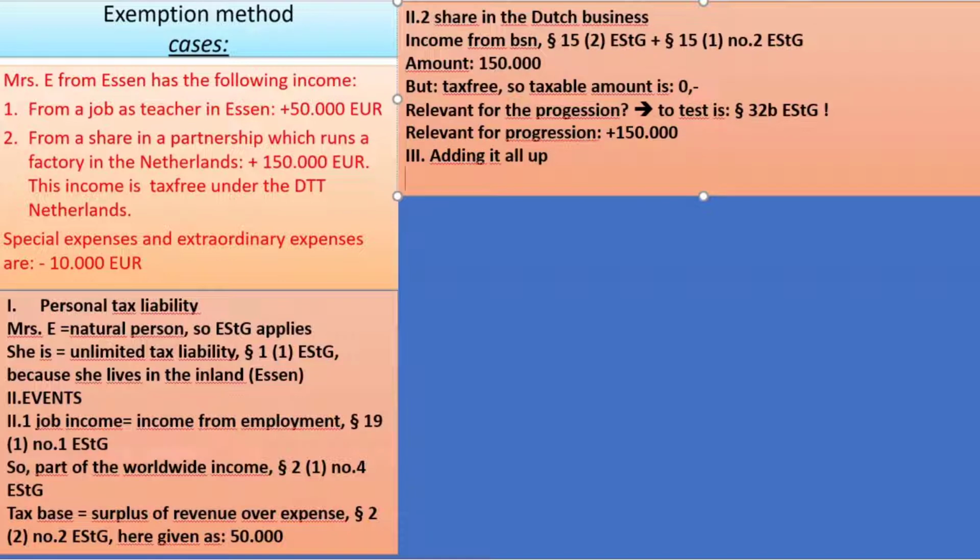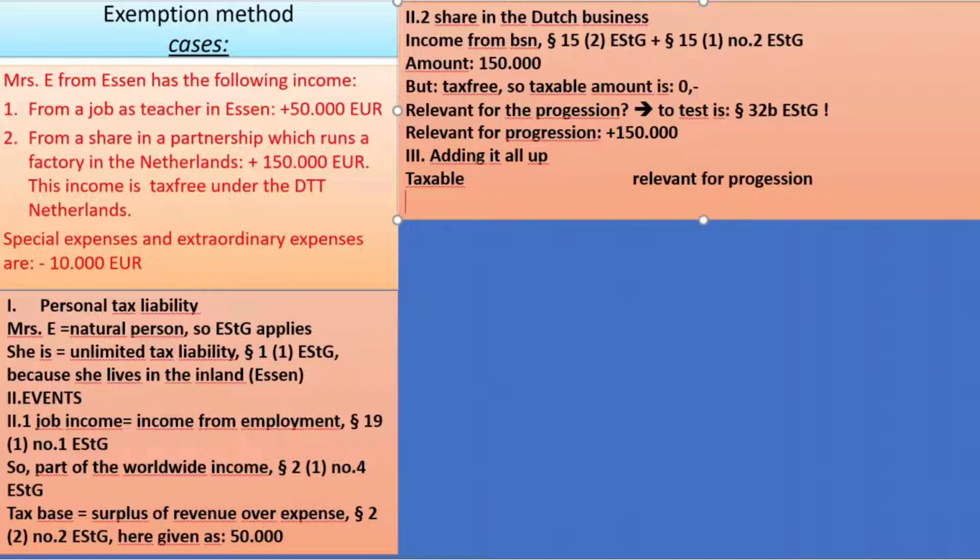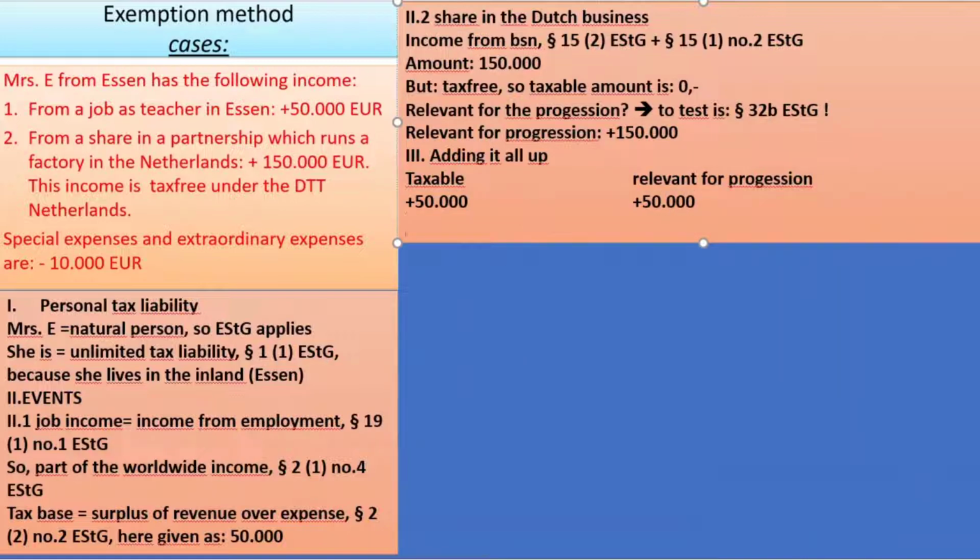let's make 2 columns, taxable and relevant for progression. So taxable is an amount of 50,000. No, not minus, but plus. Naturally, that was a mere typing mistake. Naturally, as it's taxable, it also counts for the all income calculations. That's a 0, but for the progression, it comes into play with 150,000.